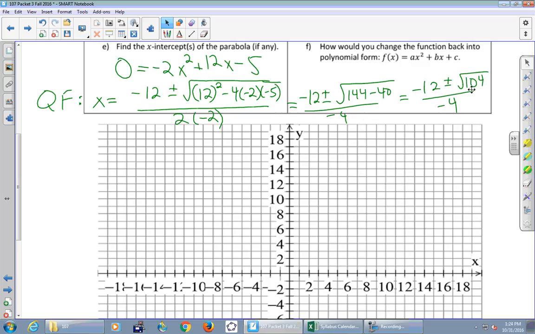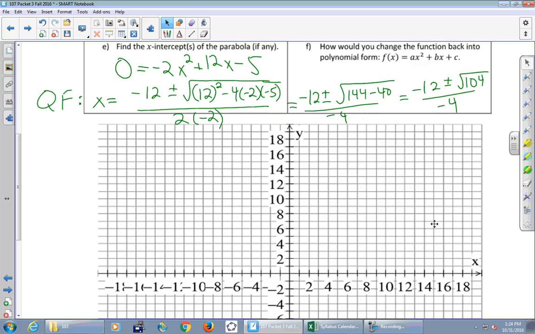Perfect square that divides evenly into 104. The perfect squares are the bottom row of these yellow numbers up here. So you have to ask yourself, does 4 go into 104? Does 9 go in? Does 16 go in? Which one goes in? Yeah, 4 goes in.